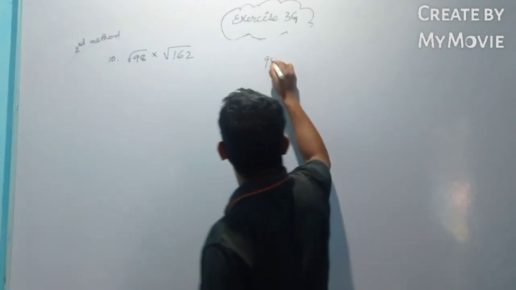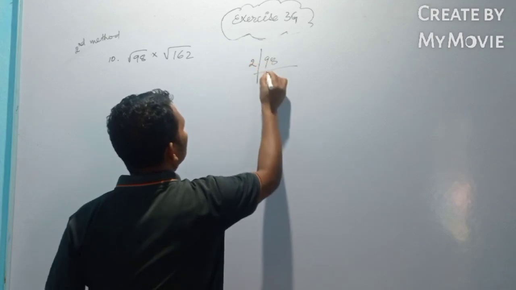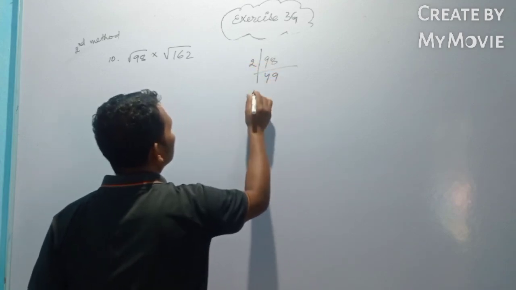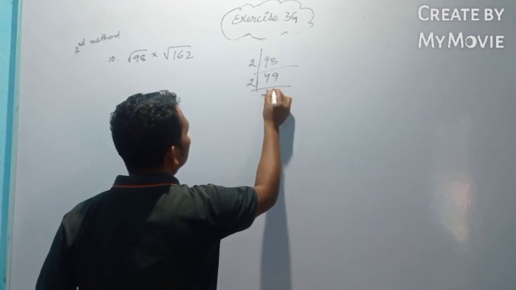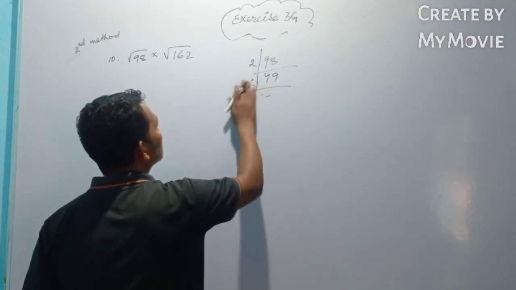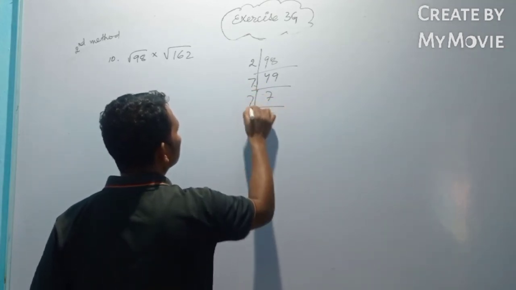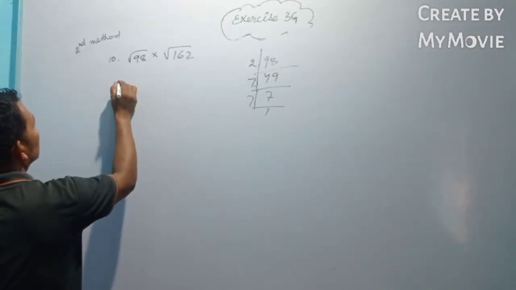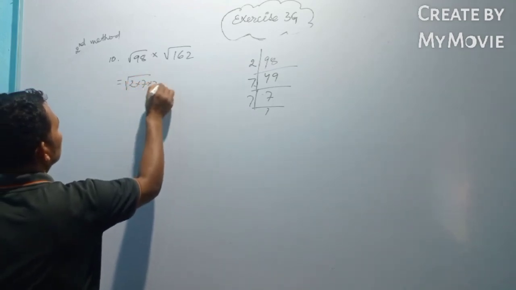So 98, you factorize this. 2 4s are 8, 2 9s are 18, then 2 2s are 4, 7 7s are 49, 7 1 is 7. So this is equal to square root of 2 into 7 into 7.